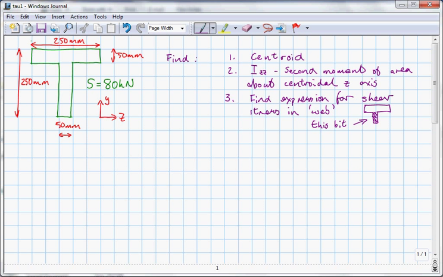So what we're trying to find out is how that force is distributed over the section. It's distributed as a stress. The stress is the manifestation of the force over the section. It's a little bit like a direct force, an axial force.